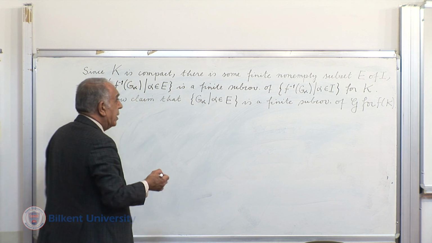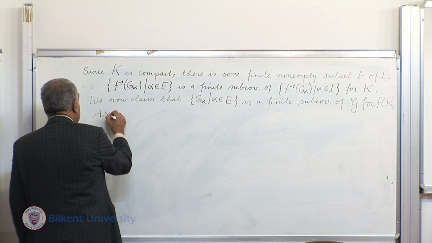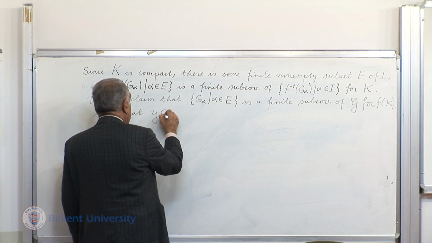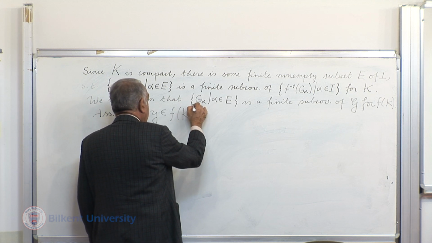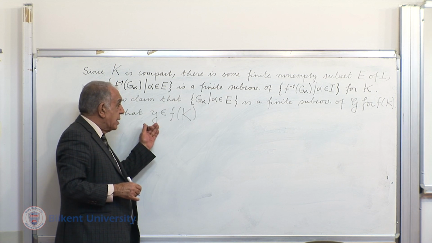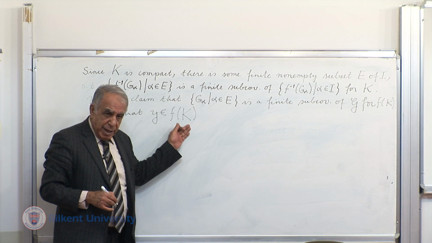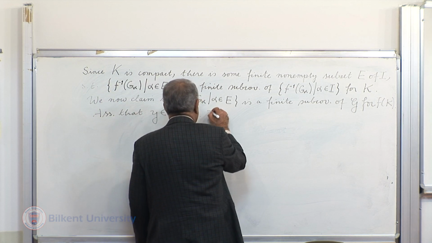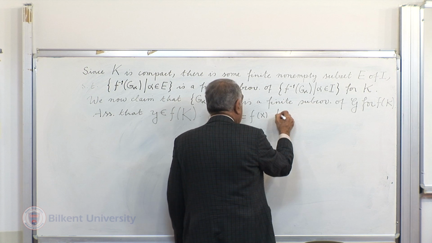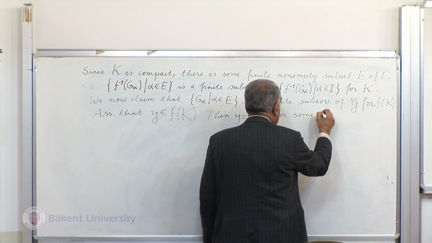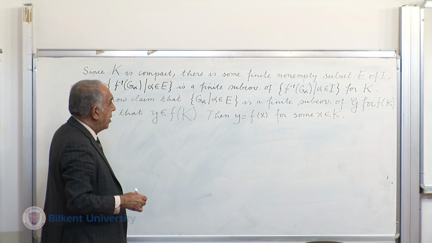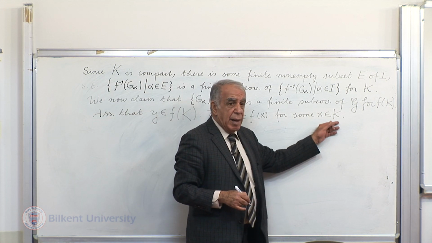Okay? So assume that y is in f of K. But this is the collection of the images of members in K. Well, in that case, y is equal to f of x for some x in K. But what do we know about this x in K?